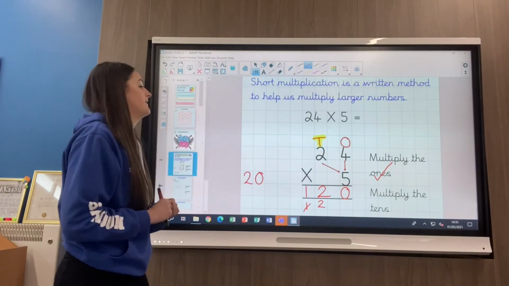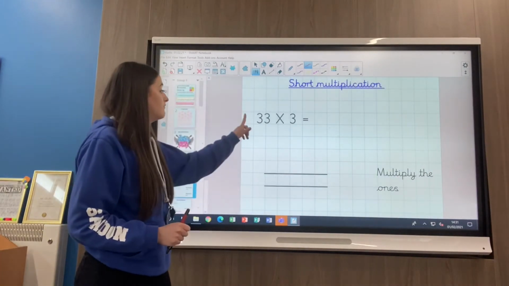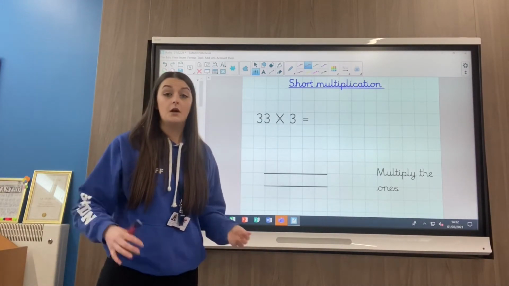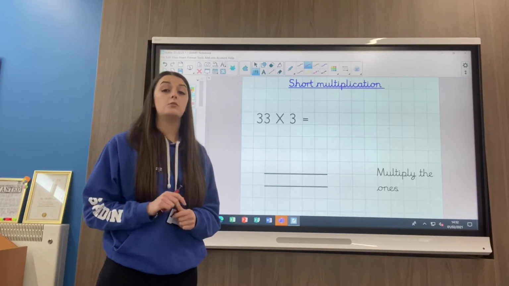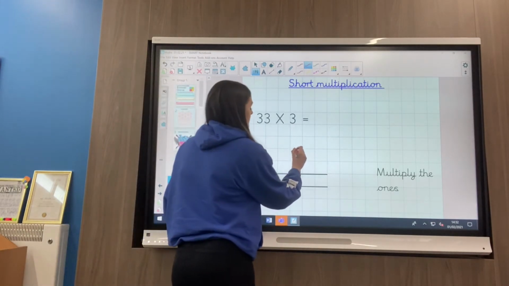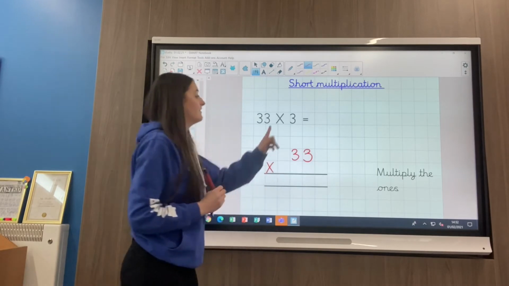Let's have a look at one then that hasn't yet been written in short multiplication. I've got 33 times 3. Now I know my 3 times table, but I'll be here all day counting up to 33 times 3, so I'm going to use short multiplication. So I'm going to write out my first number, 33, and I'm multiplying it by 3 ones.